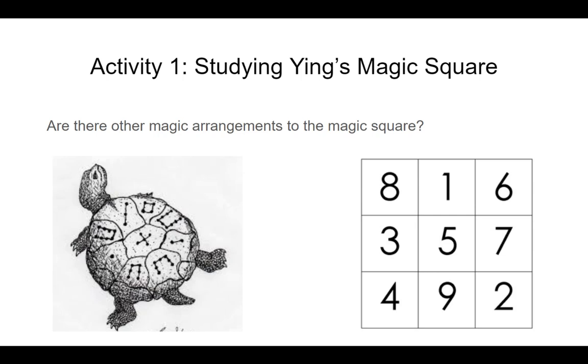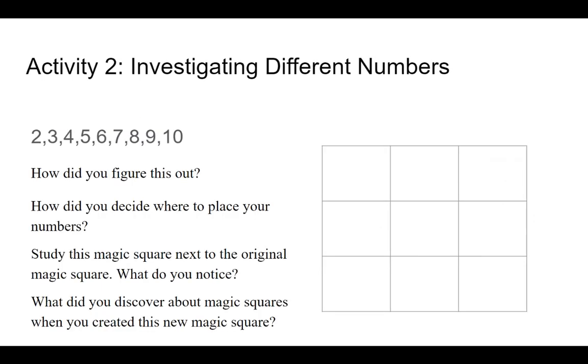So to learn more, you've got to read the story, which you know you all have access to. And the first task for students, are there other magic arrangements? The second task is try a new one. So can you make another magic square using those numbers? And then how does that compare to the original magic square?